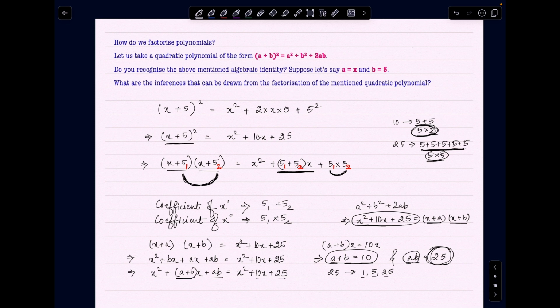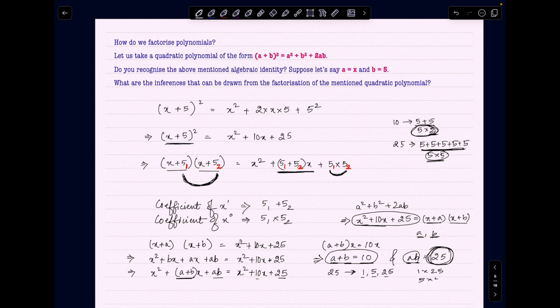Now from these factors 1, 5 and 25, you want two numbers a and b such that their multiplication is 25. One thing you can do is 1 into 25, where a can be 1 and b can be 25. The other is 5 into 5.